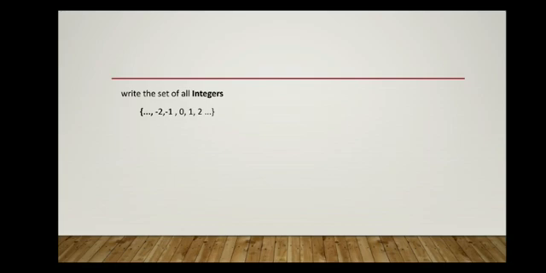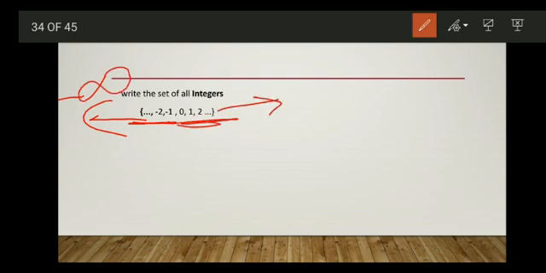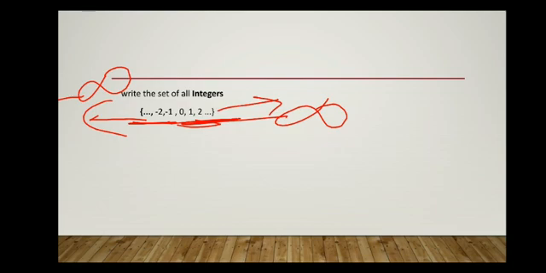So when you see here, there are infinite numbers of elements. That is, the numbers on the left side go towards negative infinity, and on this side also it will go till positive infinity. So there are infinite numbers of elements. Such a set having infinite numbers of elements is called an infinite set.